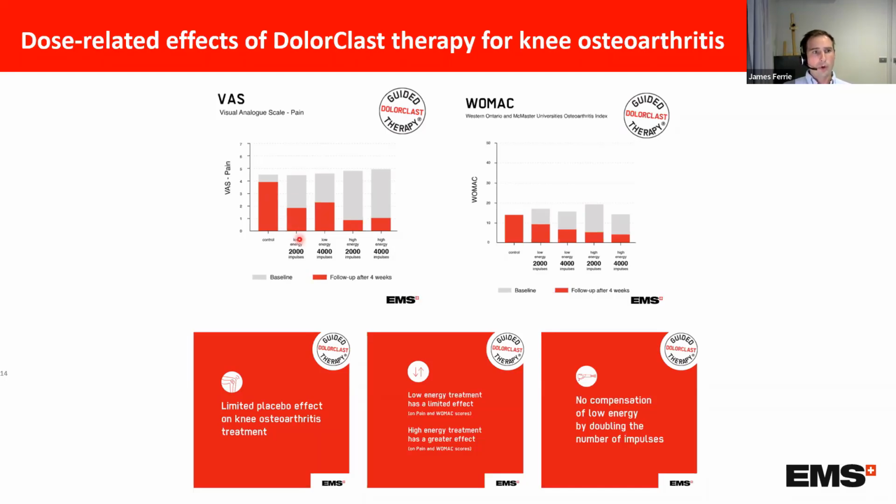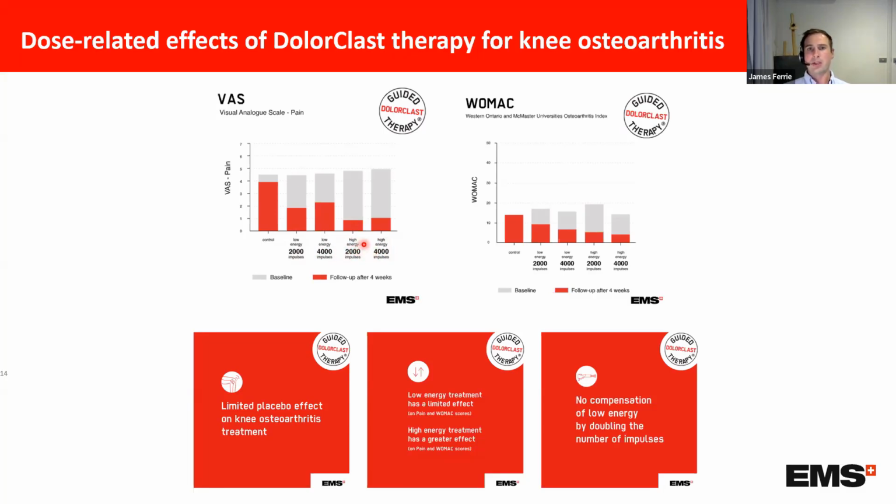So one group got low energy, and we're talking 0.12 millijoules per centimeter squared, and this is just 2,000 shocks delivered. The other group got the same energy, but we delivered twice the shocks. And then we've got our high energy group, with 2,000 and 4,000 impulses.